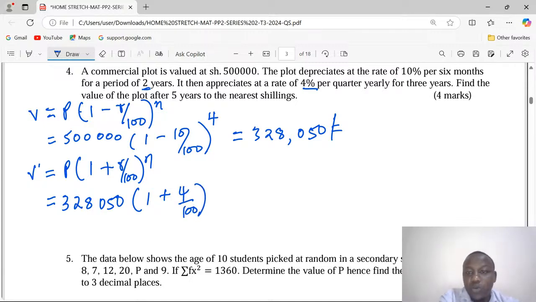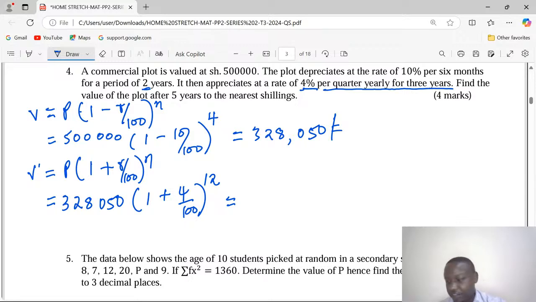Now we are told it's 4% per quarter yearly for 3 years. So if appreciation is happening every quarter of a year and we want it after 3 years, how many quarters will be in 3 years? Each year having 4 quarters, it will be 4 by 3. That will be power 12.